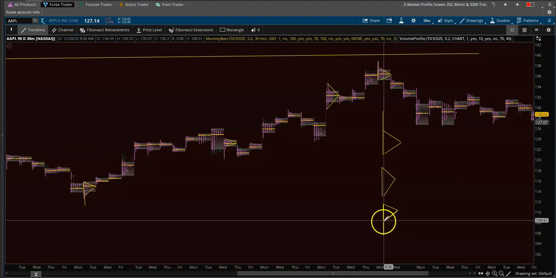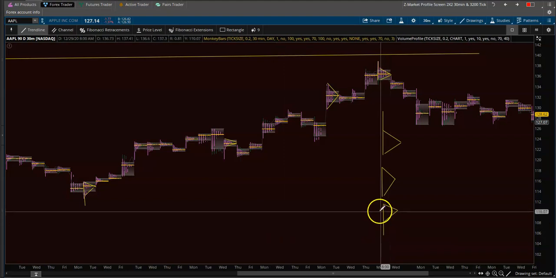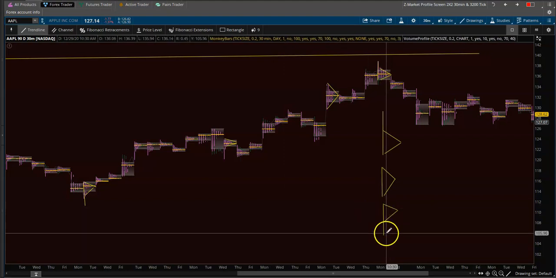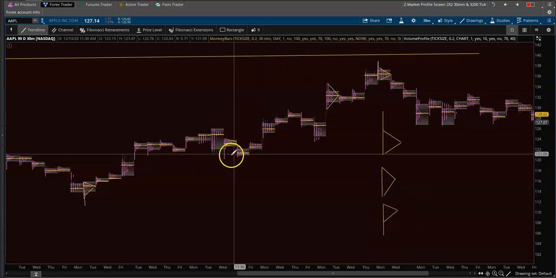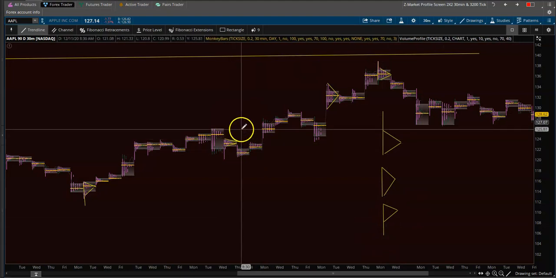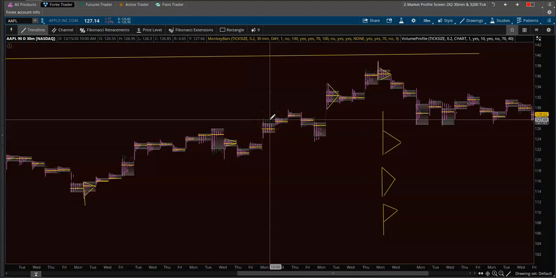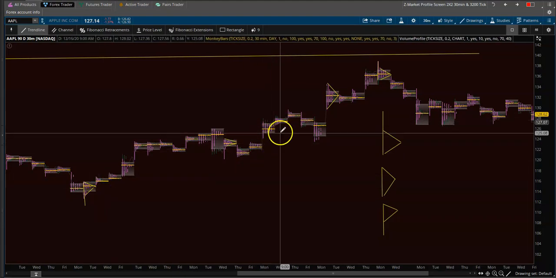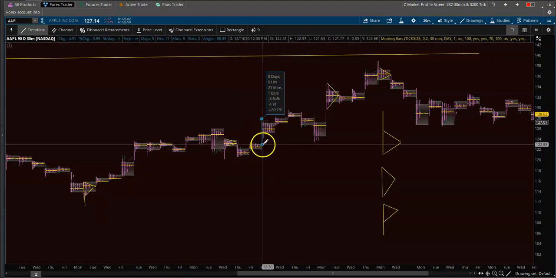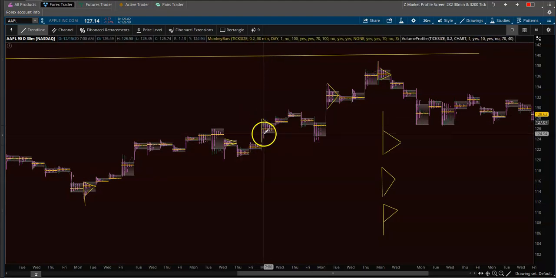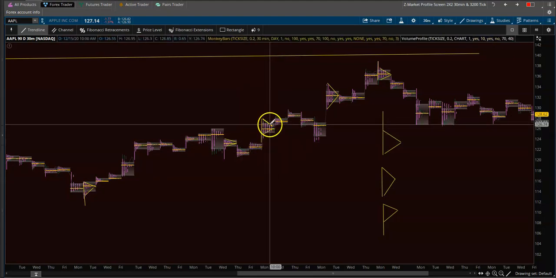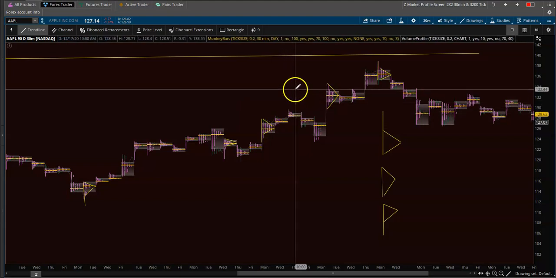Think of this as just like a candle wick. It goes down, sells off, and then reverses. Even though it's a P shape, we never took out that low, and then price started to move higher. Here we actually have a nice P shape right here, and price goes higher. It's a continuation of an uptrend.